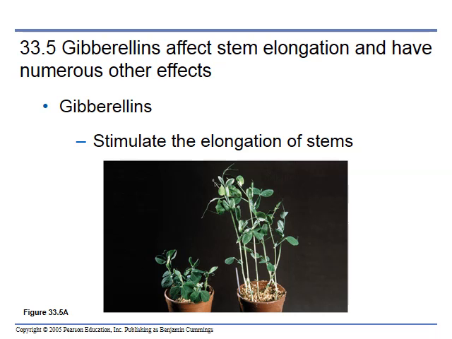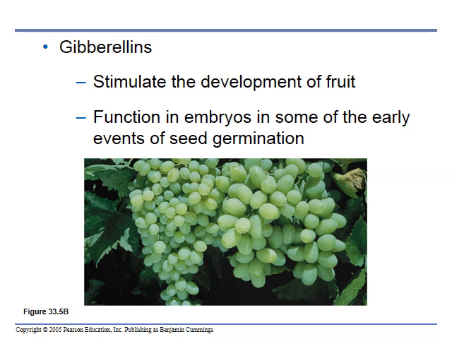Gibs affect stem elongation and have numerous other effects. So on the right, you have a plant that has been treated, and on the left, you have a plant that has been untreated. Okay, here we go. Those beautiful giant Thompson seedless that you see everywhere. They stimulate the development of fruit.